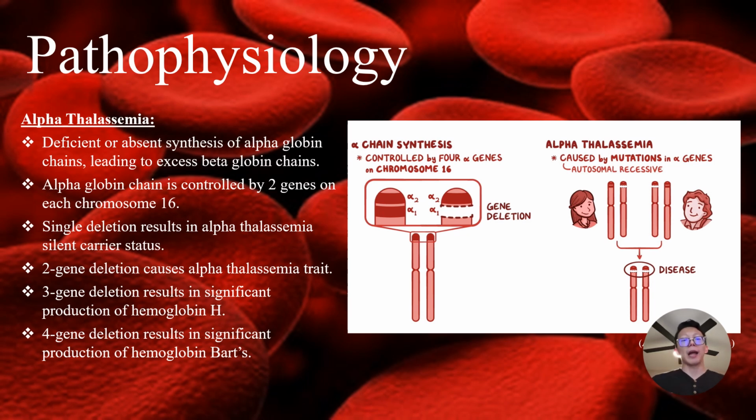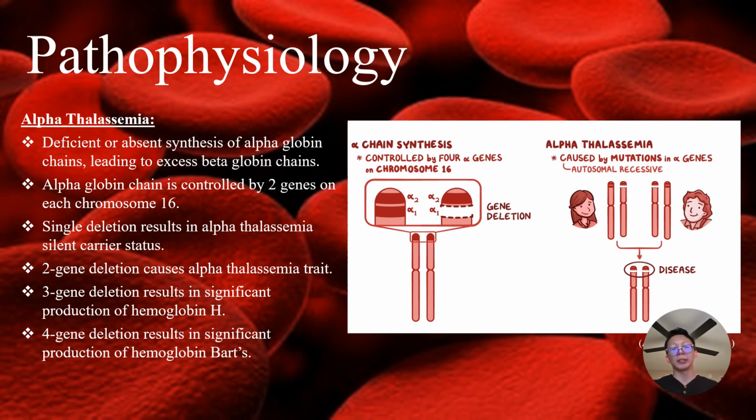That's why it's called alpha thalassemia, in which this is an essential component of the hemoglobin. Now, this deficiency results in an imbalance between the alpha and the beta globin chains, mainly leading to the formation of unstable hemoglobin molecules and impaired red blood cell production.